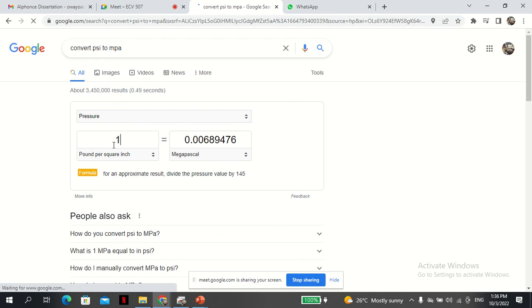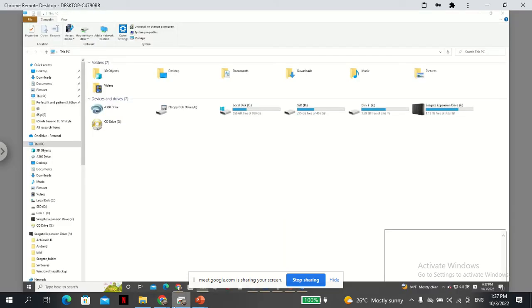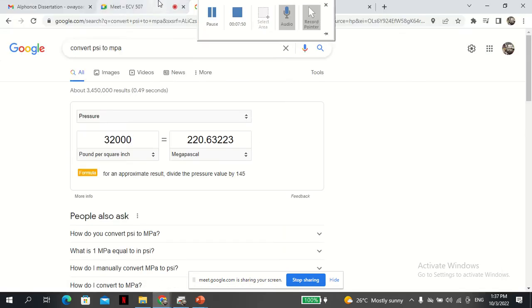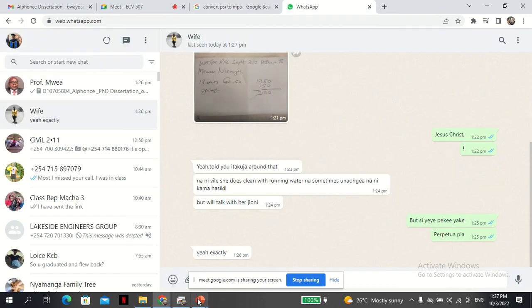Yeah. So if we have 24,000... so about 100. So actually 16,000 is between 110 and 32,000. So let's say between 100 and 200. That's 100 MPa and 200 MPa.